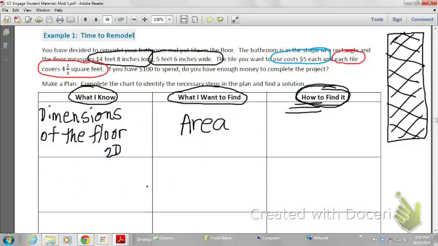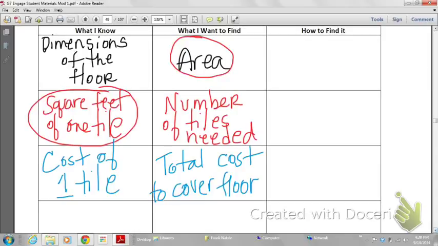And one last thing we know is that we have a limited budget and we have $100 to complete the project. I have $100. And what we'll find out using that is, do we have enough?